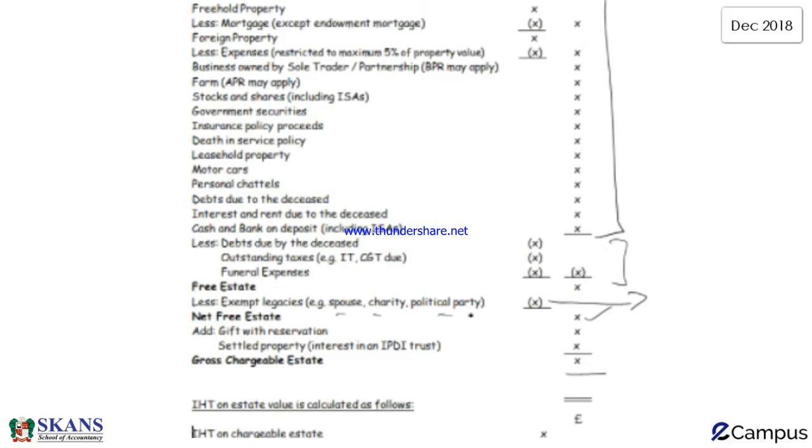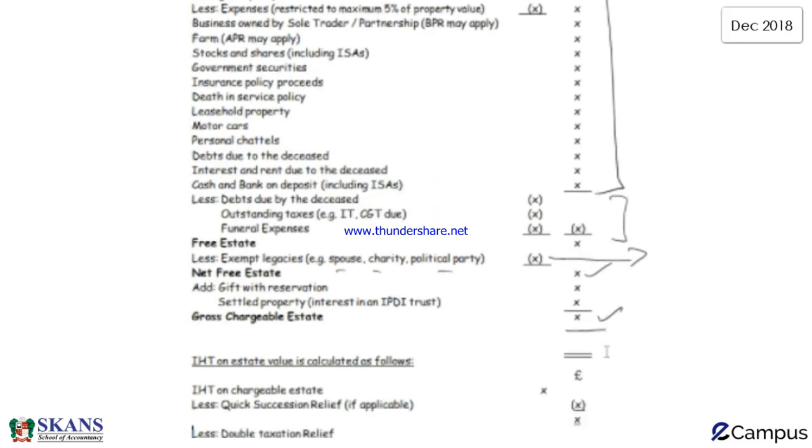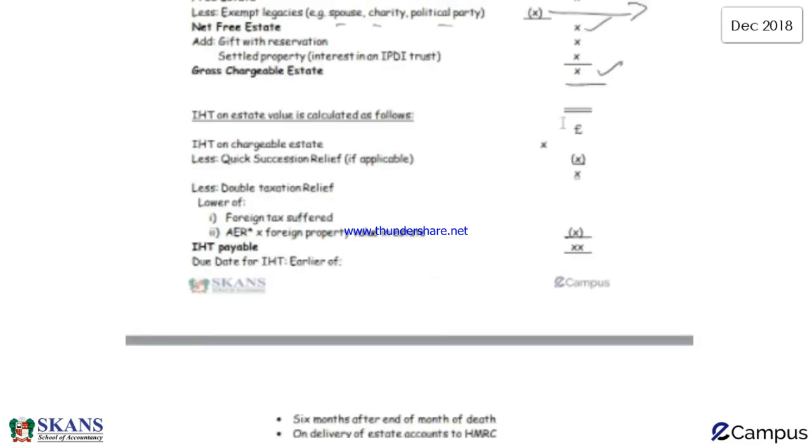And you should deduct their GCA from 325, and whatever is remaining nil rate band, you can apply on this chargeable estate, and remaining estate would attract a rate of 40%. Doing so, you would end up with your taxes on this gross chargeable estate.